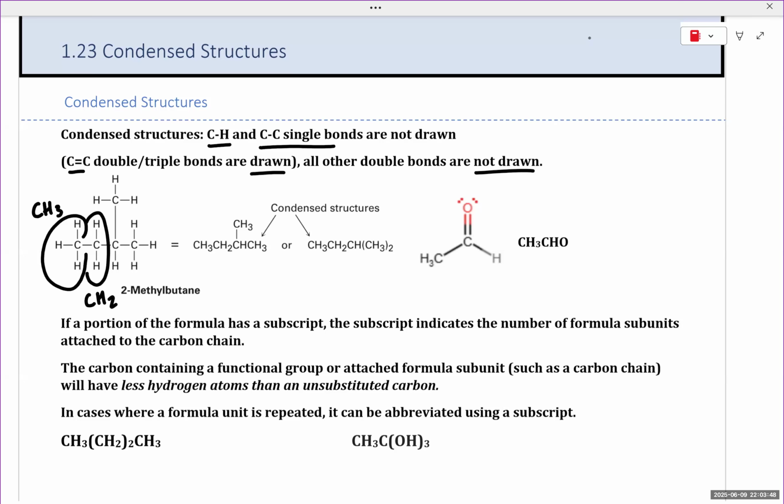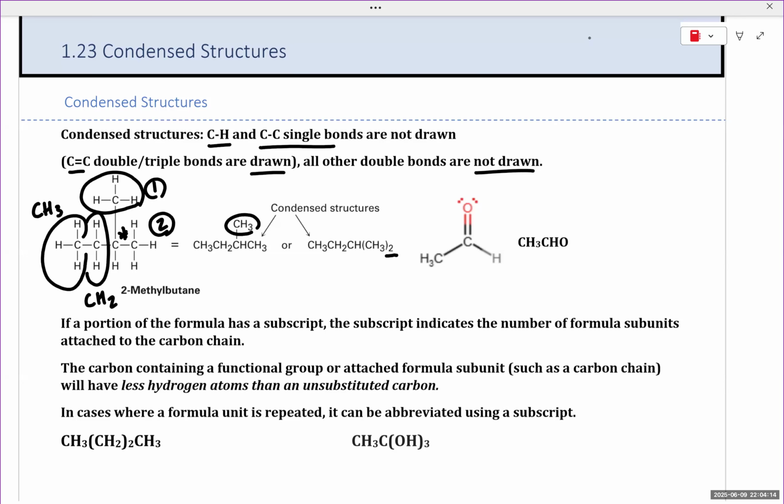We still designate connectivity either by explicitly drawing the group connected to each carbon, such as in this case where we drew this connected CH3 group, or via using a condensed formula where we note that this carbon here is attached to 1, 2 CH3 groups, and thus why the subscript is used.